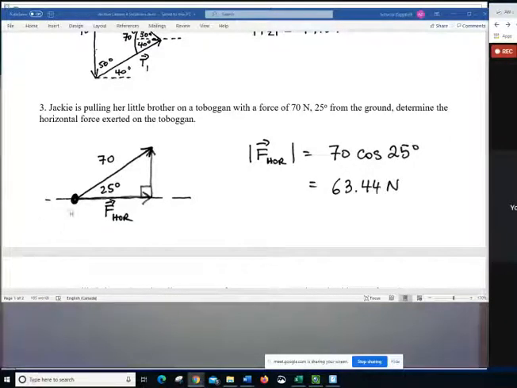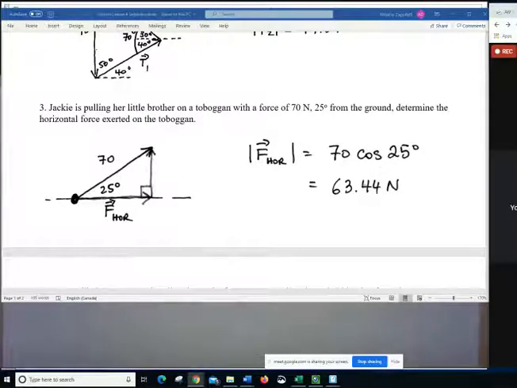And so when I draw my diagram and I split this up into a horizontal force and a vertical force, because I'm breaking it up into perpendicular forces, I can just use right-angle trigonometry. And so here, because the magnitude that I'm looking for is on the adjacent side, I can use cosine.